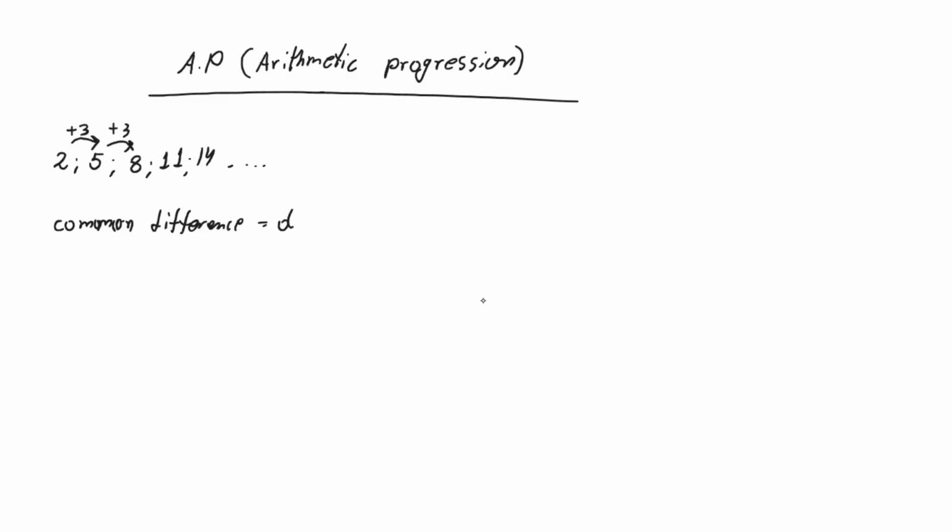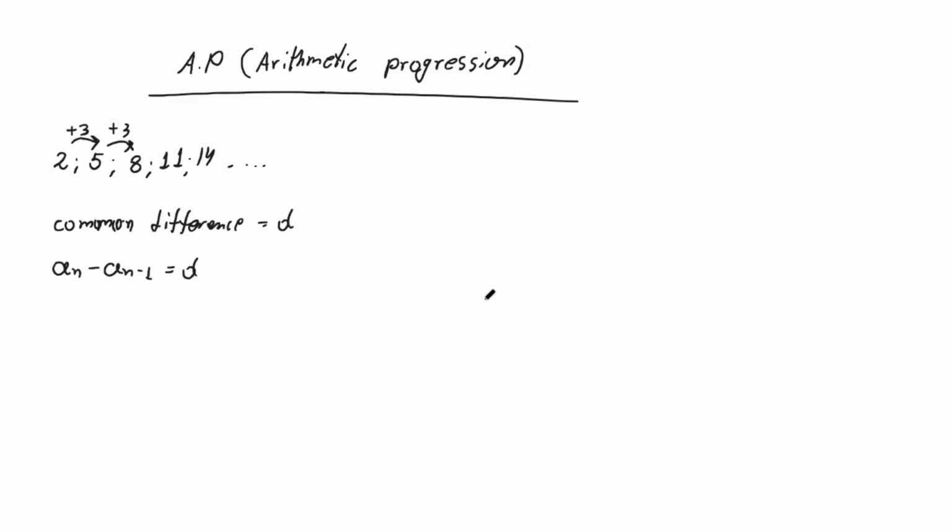Okay, a very easy way to find common difference is to subtract, for example, a sub n minus a sub n minus 1, and it's d.